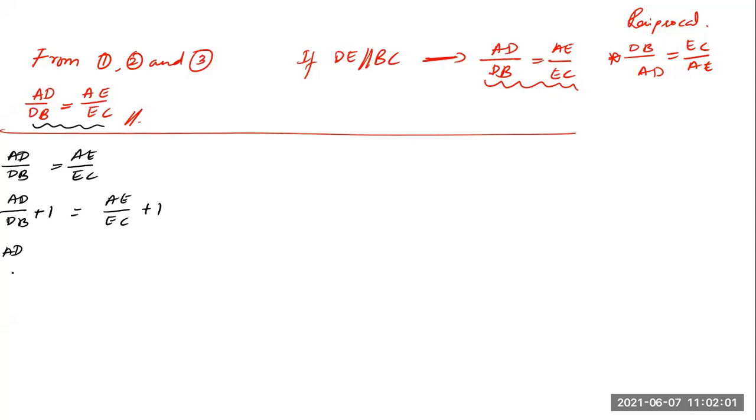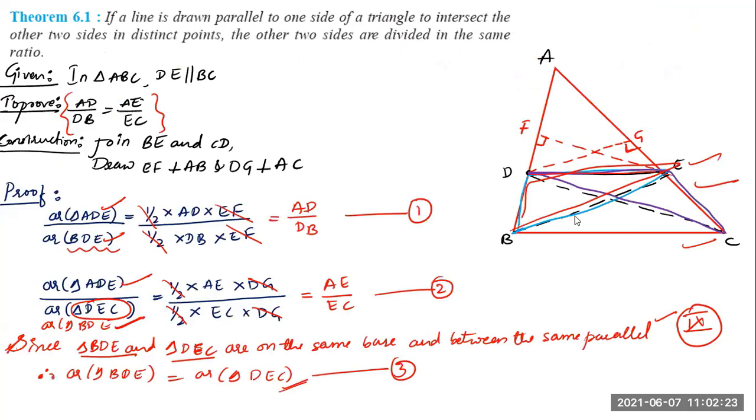Then it will become AD by DB plus DB. LCM is DB, so into DB will multiply here. So this is equal to AE plus EC divided by EC. Here EC will multiply. So AD plus DB. In the diagram you can check. What is AD plus DB? AB, sir. Okay.